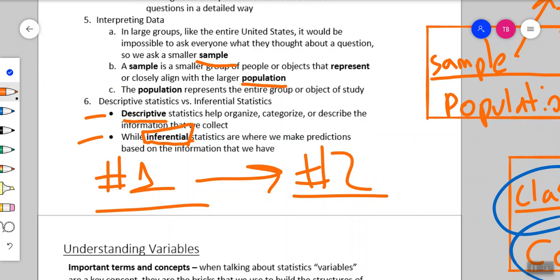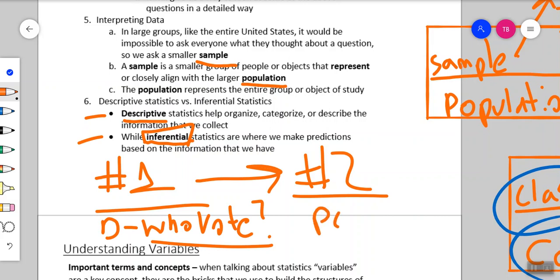So for instance, descriptive would be something like what a group of people said they were going to vote for. So in our example of the election, it'd be saying who are you going to vote for, and it's that information we collected. Who are you going to vote for? And number two, the inferential would be a prediction.